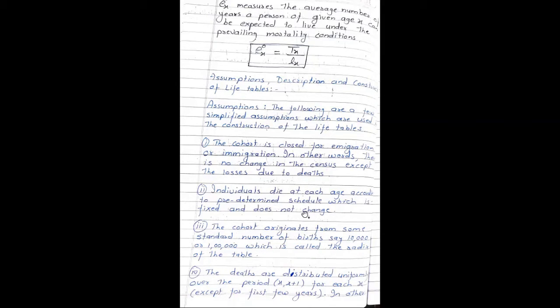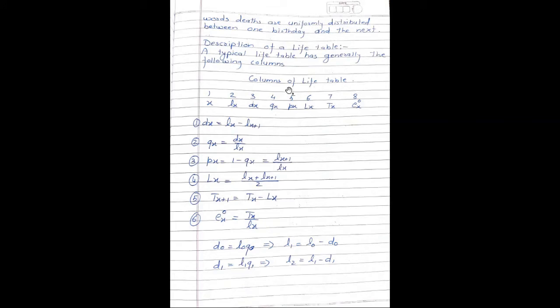Next assumption, the cohort originates from some standard number of births, say 10,000 or 1 lakh, which is called the radix of the table. Next assumption, the deaths are distributed uniformly over the period x to x plus 1 for each x except for the first few years. In other words, deaths are uniformly distributed between one birthday and the next.